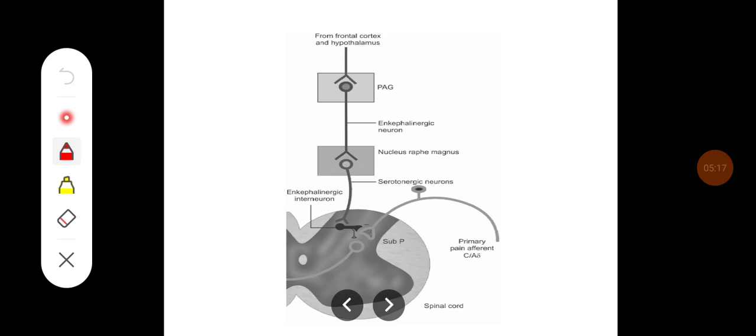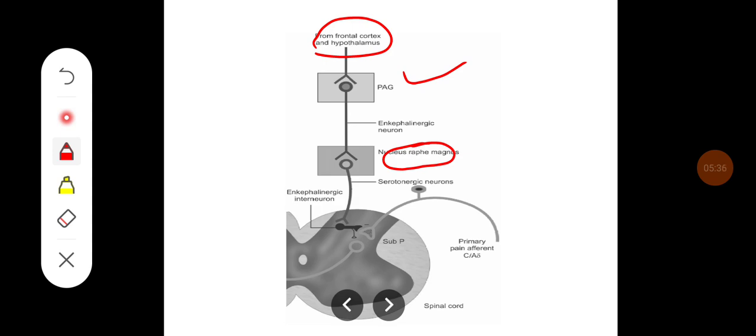So this is the descending analgesic pathway from the frontal cortex and from the hypothalamus. They go to the periaqueductal gray matter, from where enkephalinergic neurons descend to the nucleus raphe magnus.